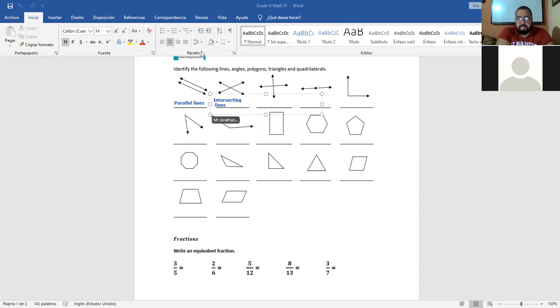This third example are also intersecting lines, but they have a right angle in here. So this type of lines are called perpendicular lines. Perpendicular lines.